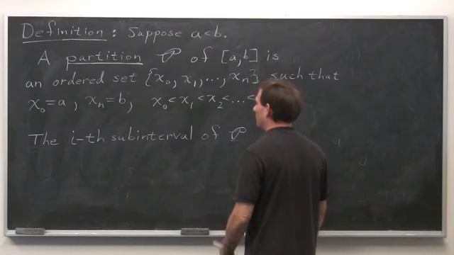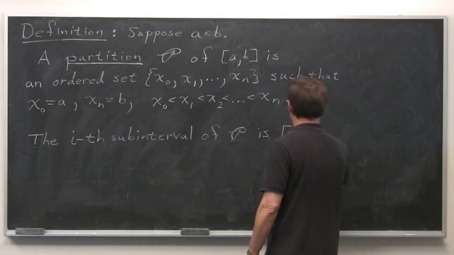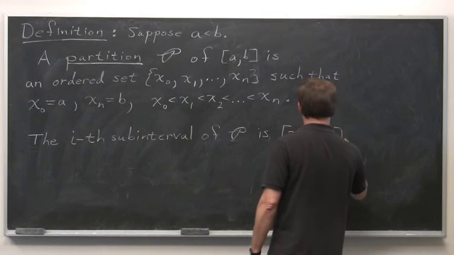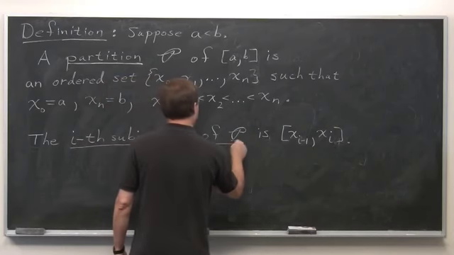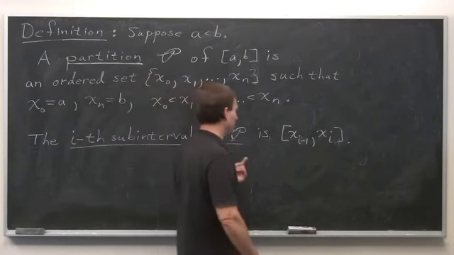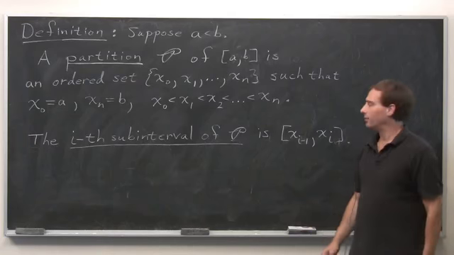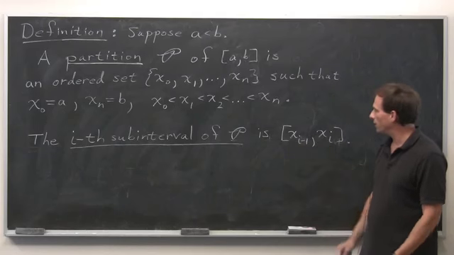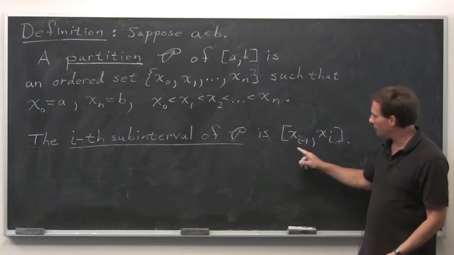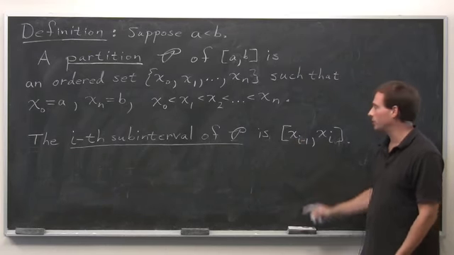The ith subinterval would go from x sub i minus 1 to x sub i. So this is the ith subinterval of P. I'll say it again, when i is 1, the first subinterval of P goes from x0 to x1. The second subinterval, when i is 2, goes from x sub 2 minus 1 to x sub 2, so from x1 to x2.